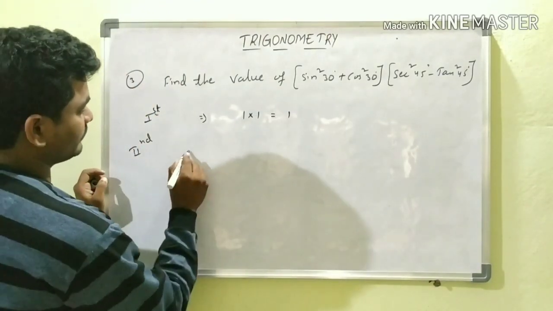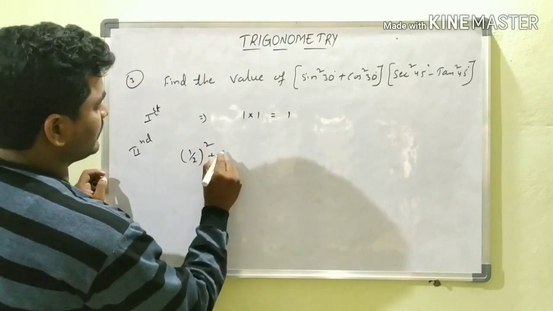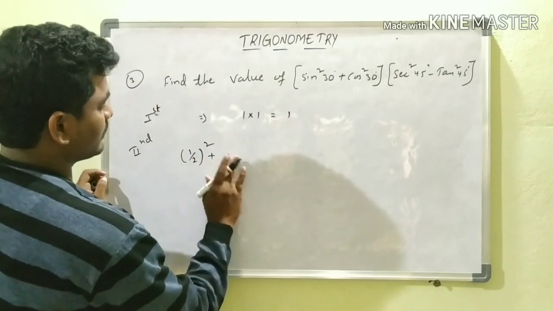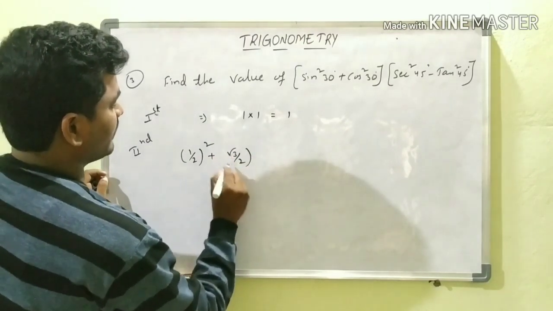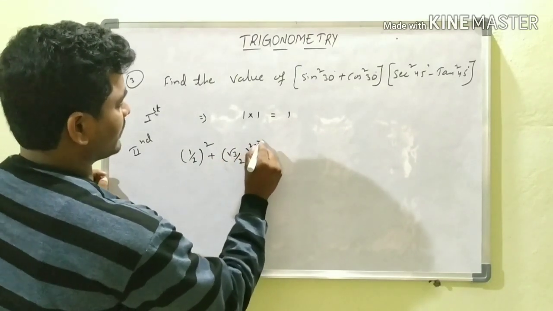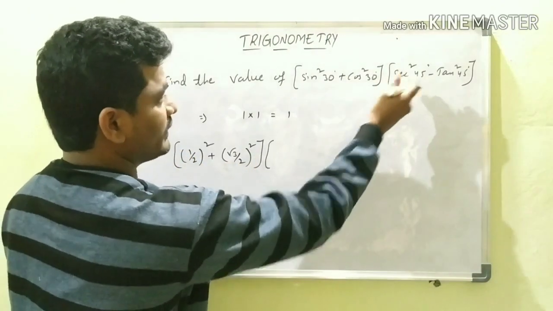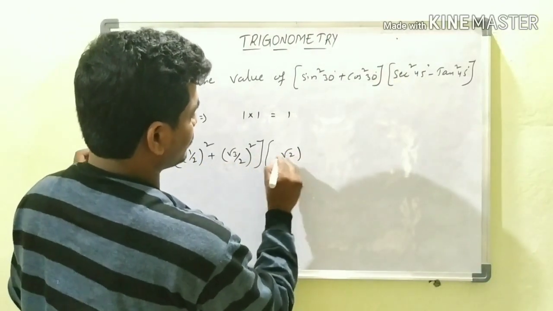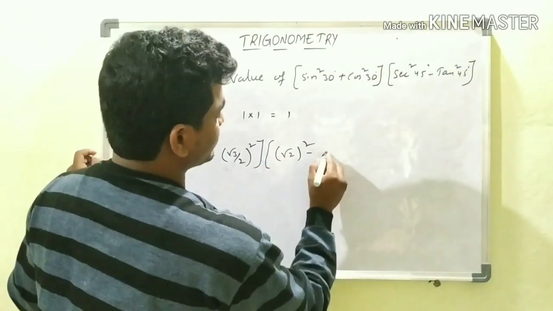In the first term, 1 by 2 whole square plus root 3 by 2 whole square, and here root 2 whole square minus 1 square.